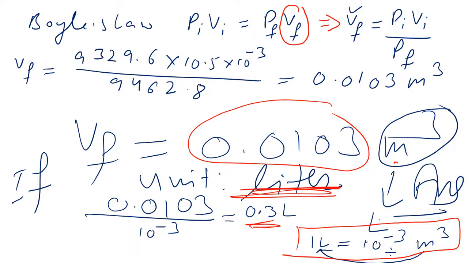So in the form of the liter, also in the form of the meter cube, the answer is this number. You have to find in the standard unit meter cube. But if the question is saying you find the answer in the liter, then by using this rule you can change this meter cube to liter also. If it is in the liter, this answer will come.